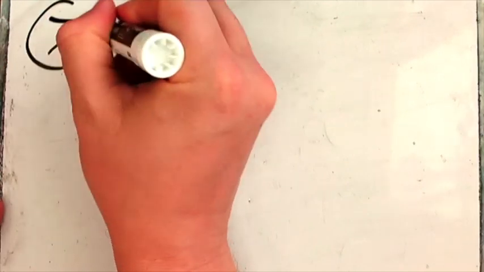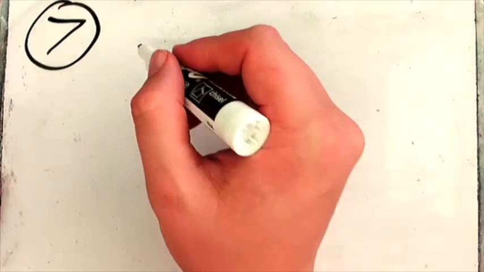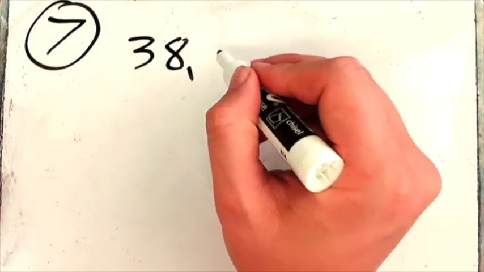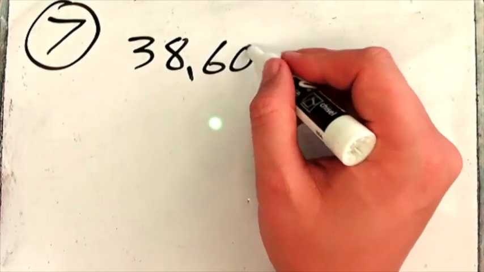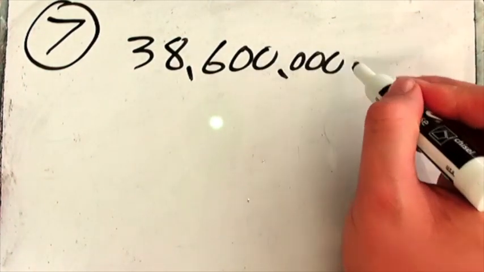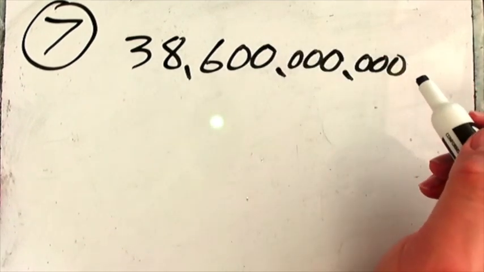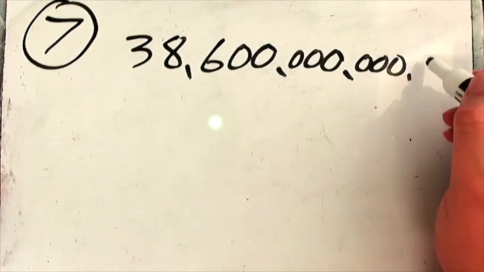Question 7. Scientific notation. This is a bit of a new thing, but essentially here's what it means. If I give you a really ugly long number, 38600000000, and what the heck, let's throw in some more zeros there.